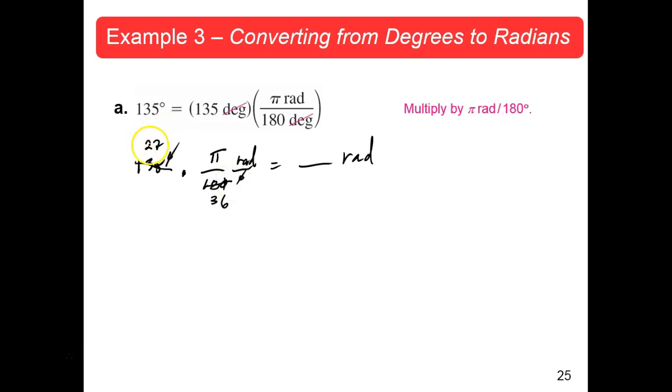Now, what will go into both 27 and 36? 9. So this will be 3, and that would be 4. Hey, there we got it. It's 3 pi over 4. 3/4 pi radians.